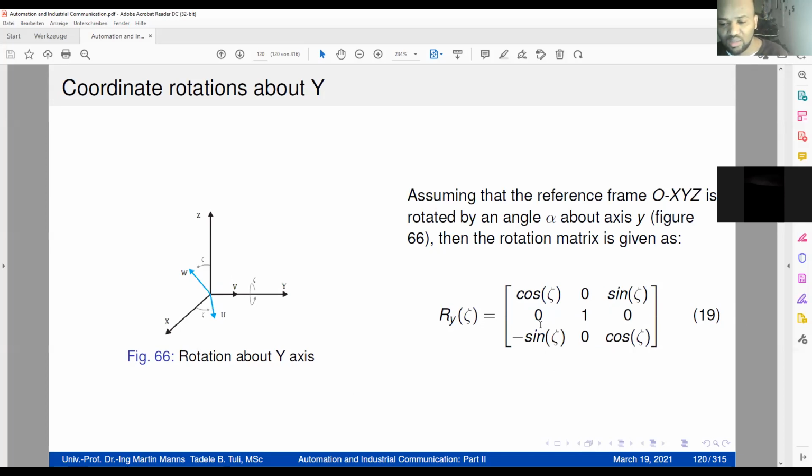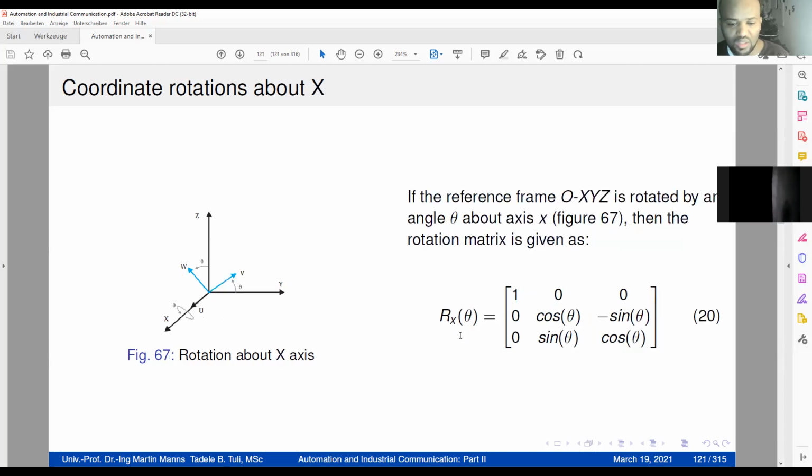Then the other is the y-axis. Here in the y-axis we have 1, 0, 1, 0, 0, 1, 0, so this tells us it is the y-axis, just like a plus sign. And cos sigma, sine sigma, minus sine sigma, cos sigma is just a representation. The same is true for rotation about x. In x we have 1, 0, 0, 1, 0, 0, and then the 4 parameters which decompose into x and y, and the z-axis. So this is our representation for the rotation matrix along the x-axis.